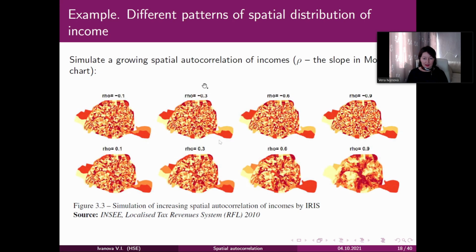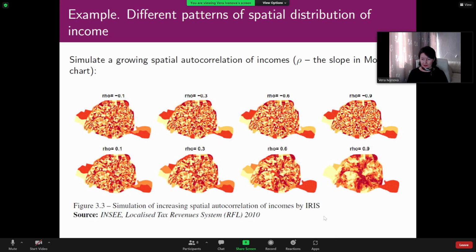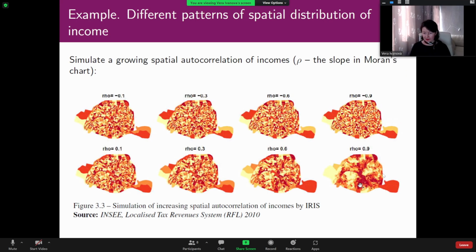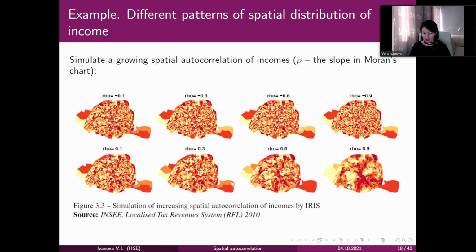Also, you can see different simulations with different coefficients of Moran's index. For example, the last figure, this one, corresponds to the index 0.9. And we can see that there are obvious clusters of high-income regions and low-income regions.